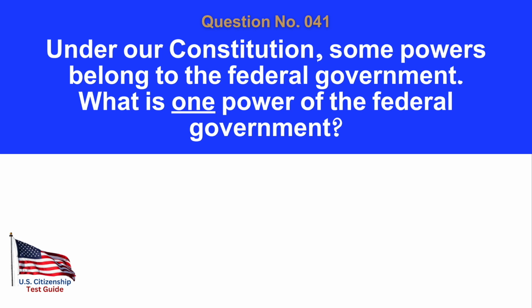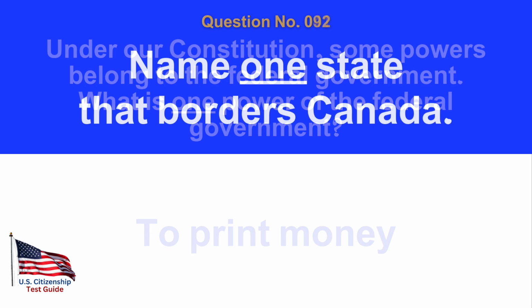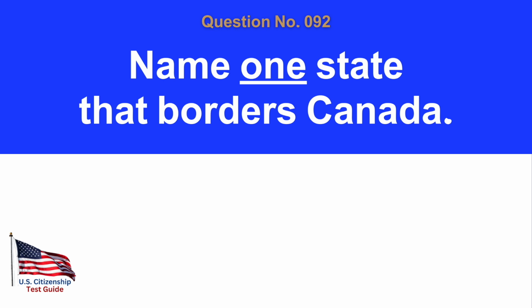Under our Constitution, some powers belong to the federal government. What is one power of the federal government? To print money. Name one state that borders Canada. New York.